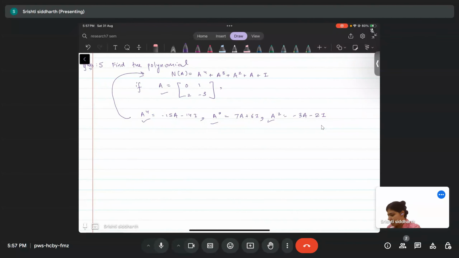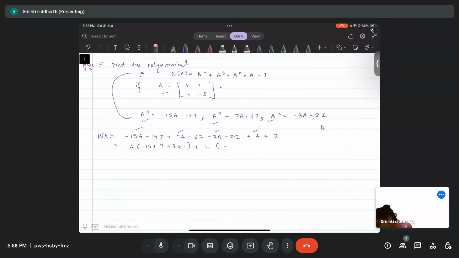So let's see. A4 is minus 15A minus 14I, and 7A plus 6I, and we have minus 3A minus 2I plus A plus I. So this becomes, let's see, the coefficient of A is minus 15 plus 7 minus 3 plus 1.